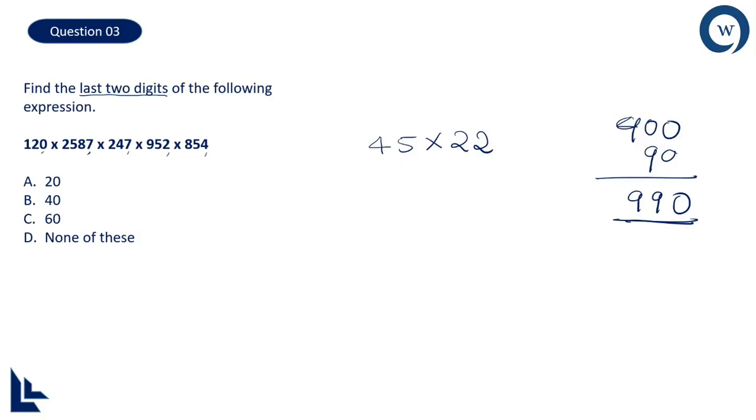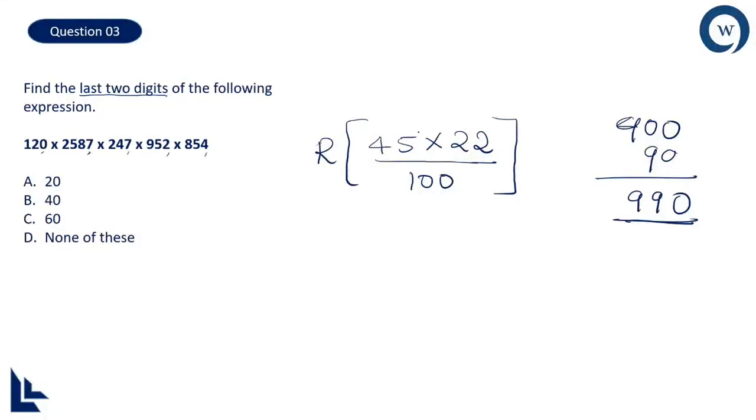And that shortcut is, see, if they're asking you to find out the last 2 digits of any product, divide that product by 100, take the remainder, and that remainder itself is the last 2 digits, right? Now divided by 100, right?